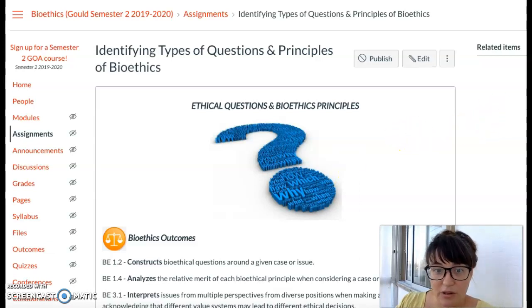And here, this is one of our first major assignments, where we're going to be looking at different types of questions that may come up when looking at a situation, and then really learning about the principles of bioethics, which are what we're going to use for our justification for how we frame our answers or our perspectives on different issues.